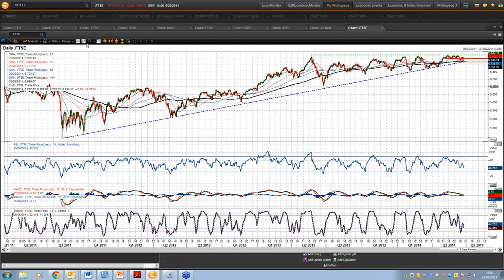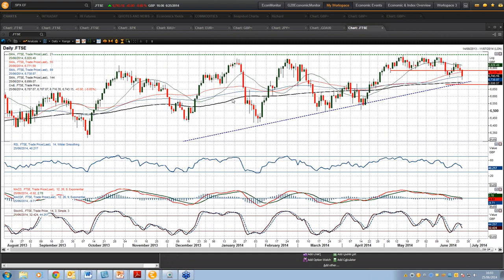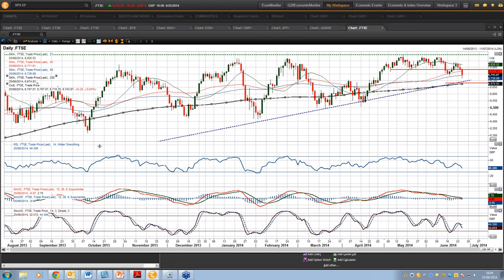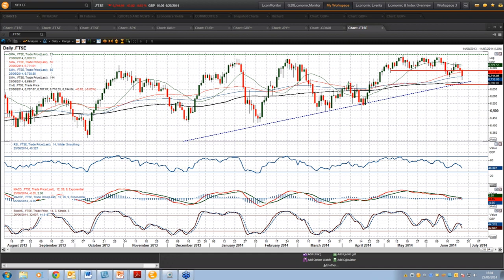On FTSE, primary uptrend, that comes in at 6,700. I've got 144 here, but a lot of people use 200. But to be honest, the 200-day even on FTSE doesn't really help you a great deal, because all these dips were well below the 200-day moving average. So it does not appear as though that gives us too much of an indication, but still, the 200-day moving average is at 6,675.